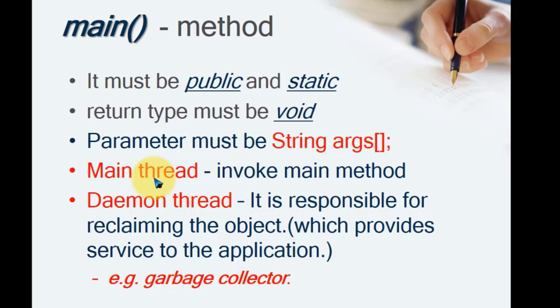It's an entry point function which is known to your runtime environment. In C++, the main function is invoked with the help of the operating system. In case of Java, the main function is invoked with the help of your Java virtual machine, and the Java virtual machine is running on top of the OS.